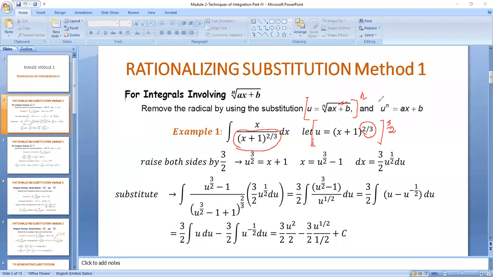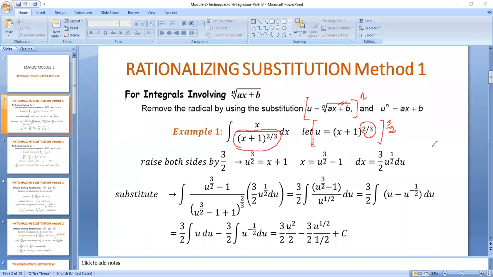So you raise your substitution equation, I'd like to call this the substitution equation, to an exponent which is the inverse of the exponent of the expression that you need to rationalize. So the reciprocal of 2/3 is 3/2. Now, what happens if you do that?